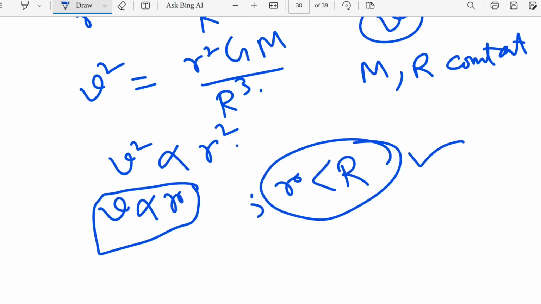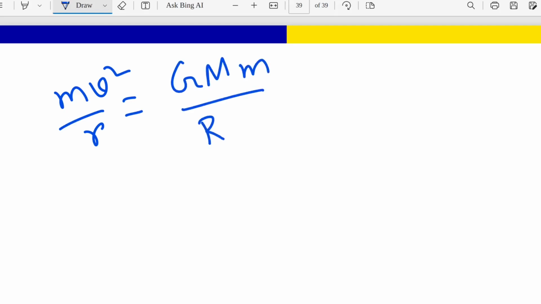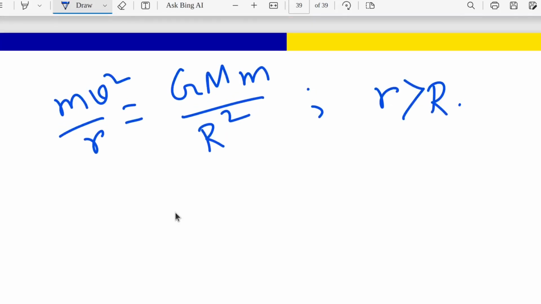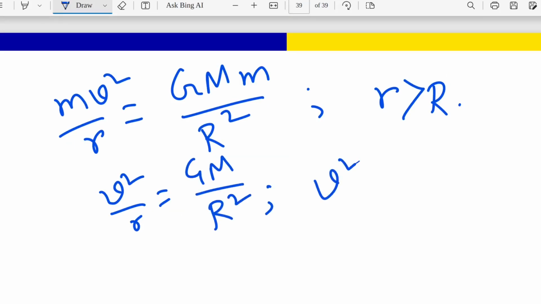Now coming to the second condition, m v square by r is GMm by r square when r is greater than R. So from that expression you can tell v square by r is GM by r square.